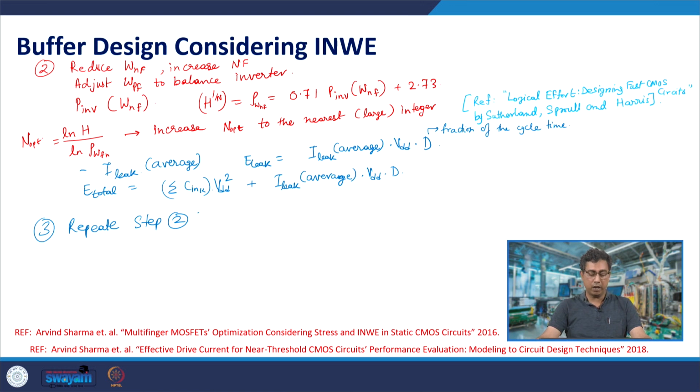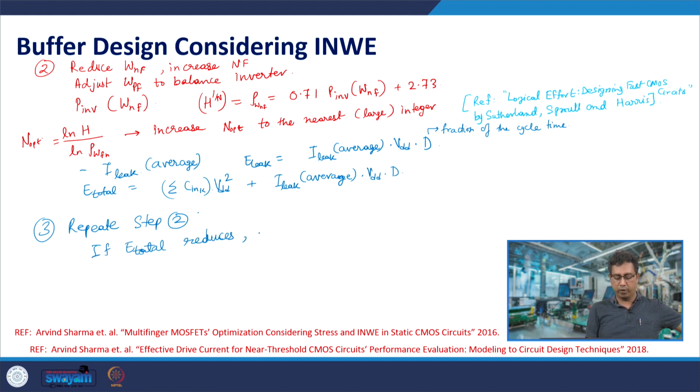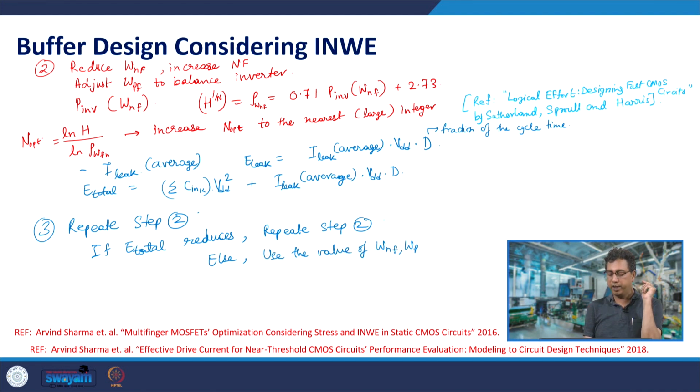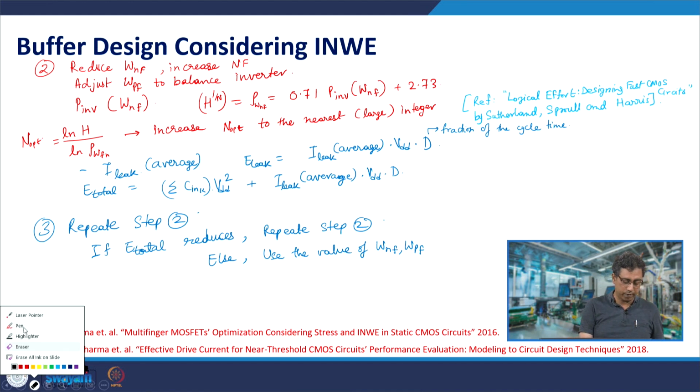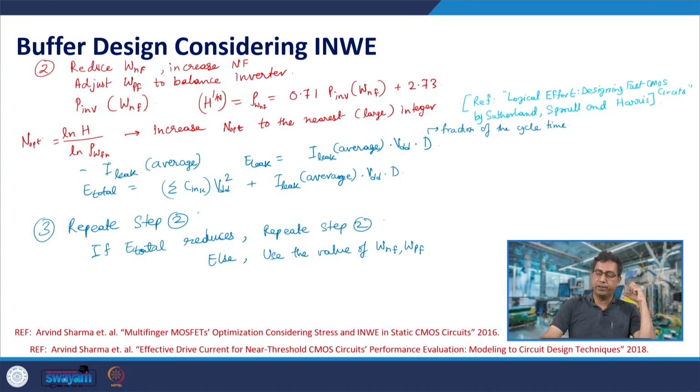Once you have the total delay of the buffer, calculate the total energy. If E total reduces compared to the previous value of WNF, repeat step 2, else use the previous values of WNF and WPF. So, use these values of the finger widths and design the buffer.